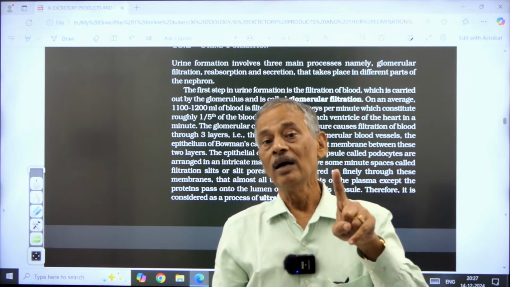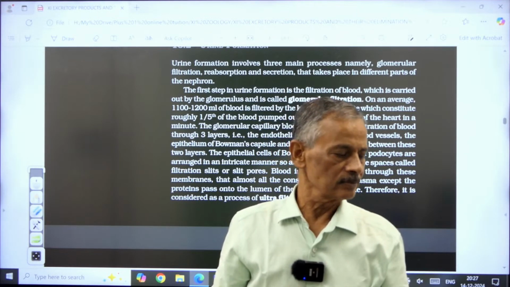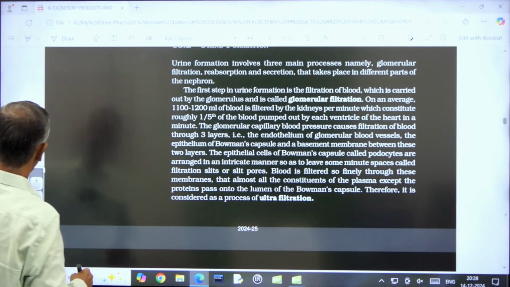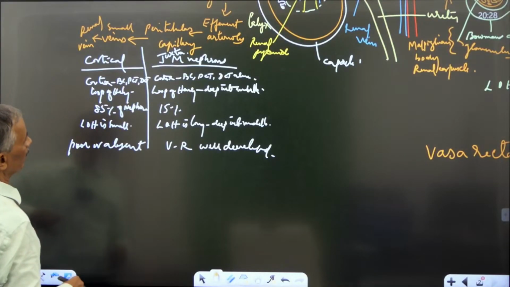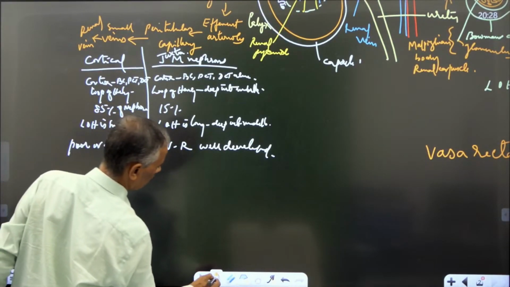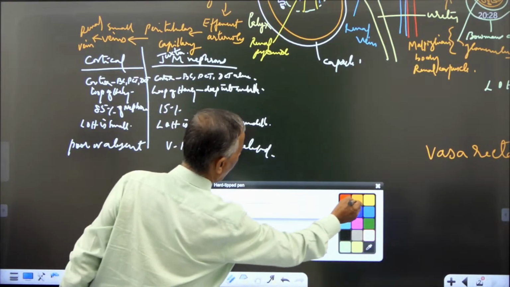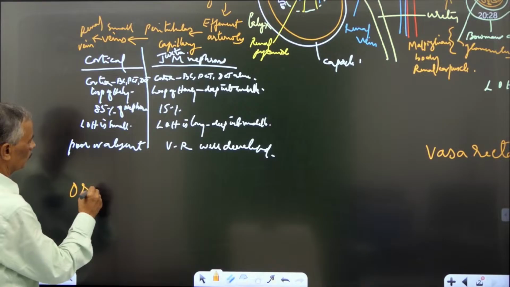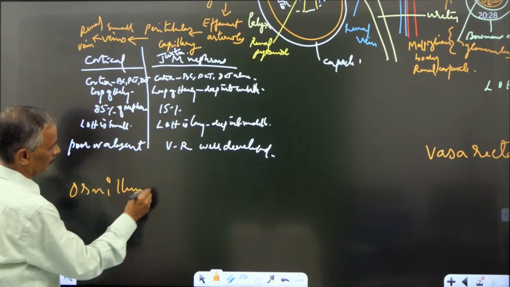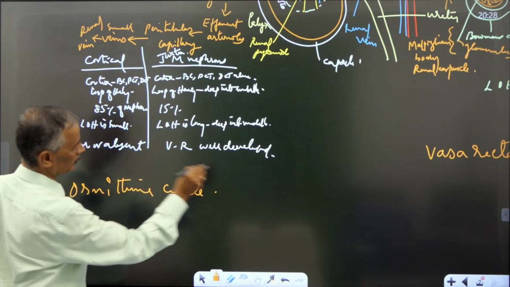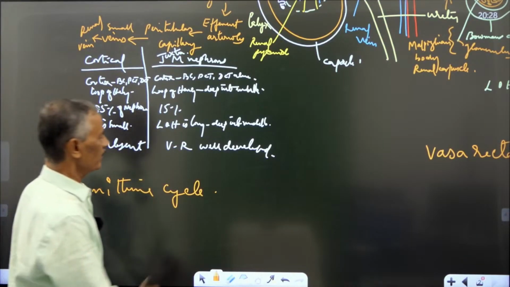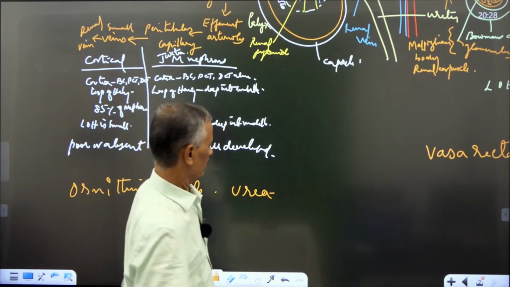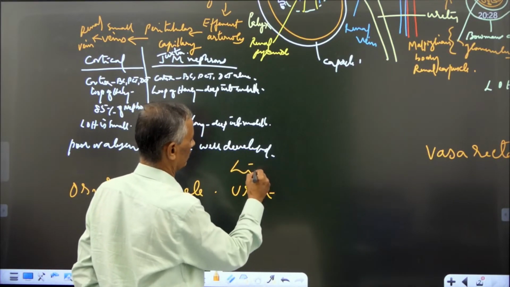That urea is not produced by the kidney, but urea is produced by our liver by a complicated procedure, a cyclical event called ornithine cycle. It is by ornithine cycle that urea is produced in liver.